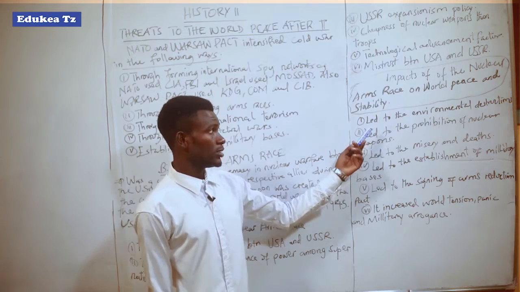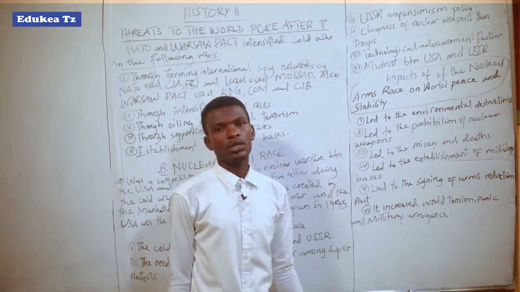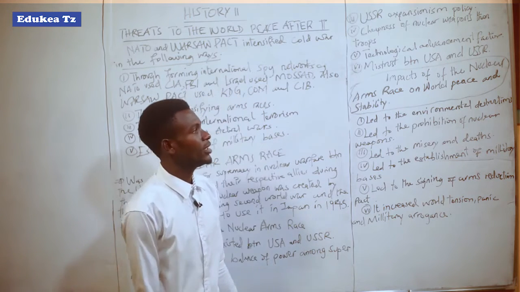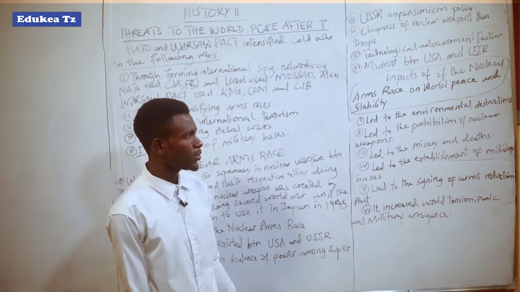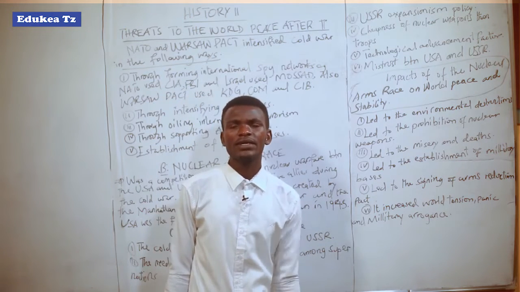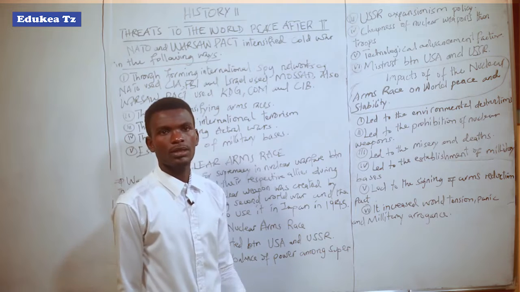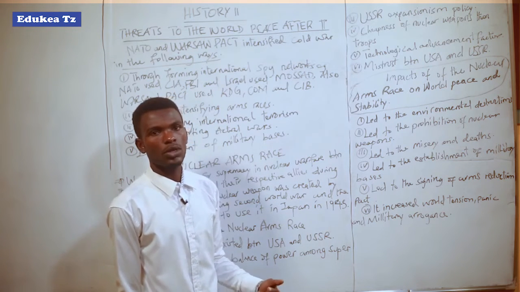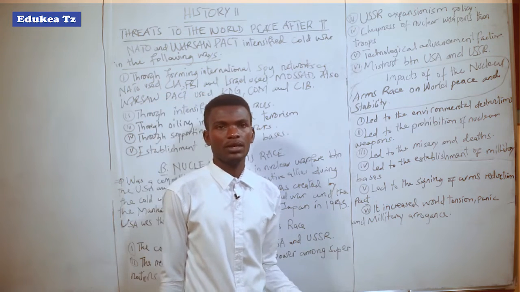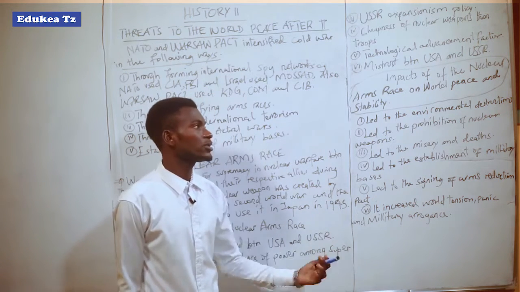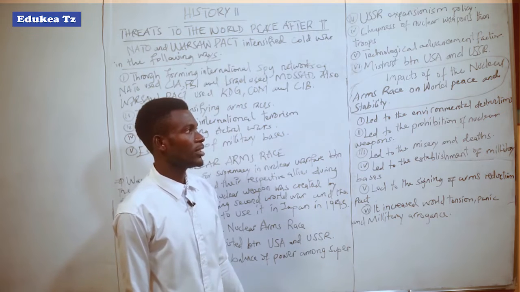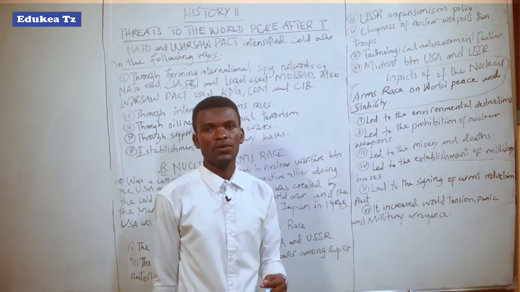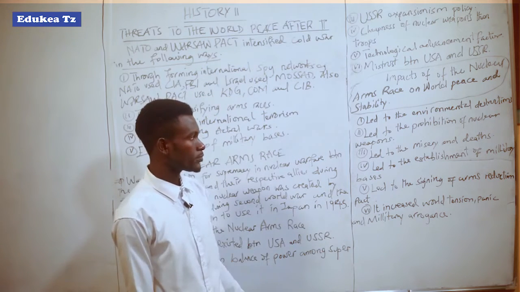For example, the testing of nuclear weapons by the USSR in Kazakhstan and Balapan led to the production of harmful gases and the destruction of the land, because when a bomb or nuclear weapon is dropped somewhere, there will be destruction of the area and of the environment.